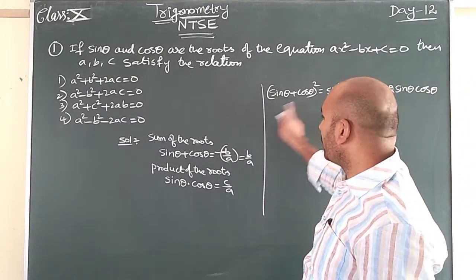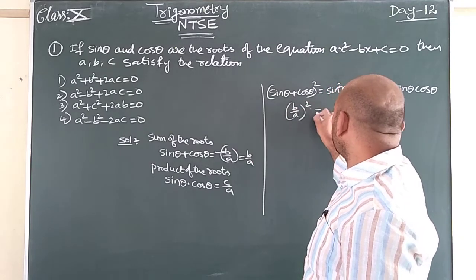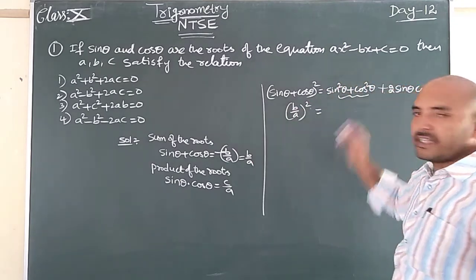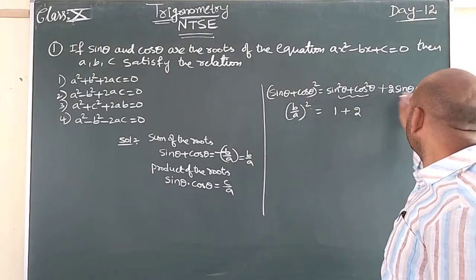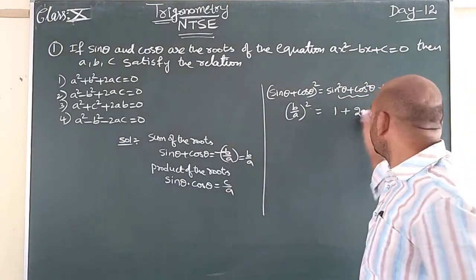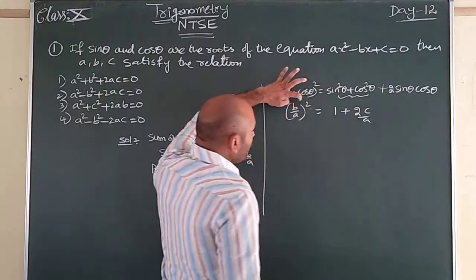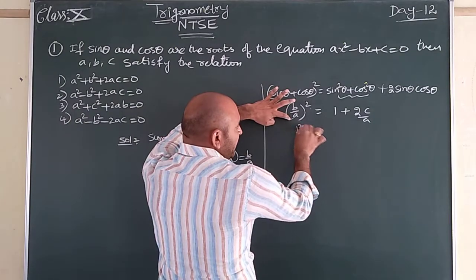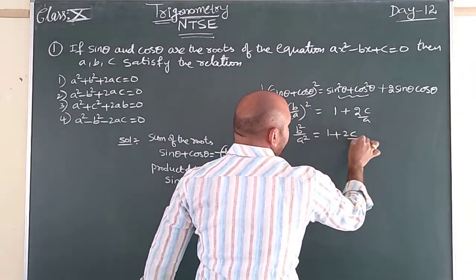The value of sin theta plus cos theta is b by a, so b by a whole square is equal to sin square theta plus cos square theta, which according to the identity is 1, plus 2 into sin theta cos theta, whose value is c by a. So b square by a square is equal to 1 plus 2c by a.